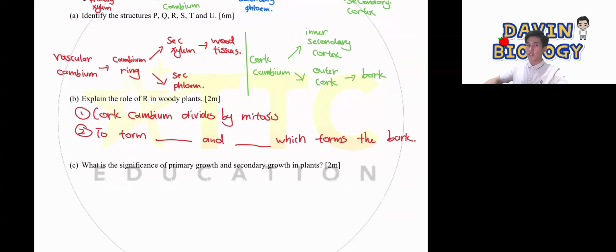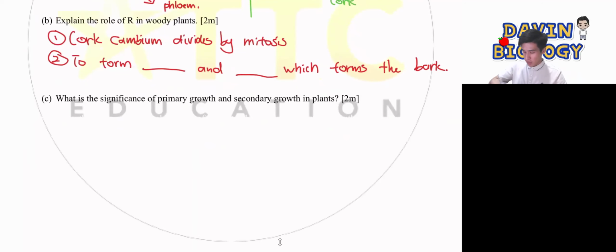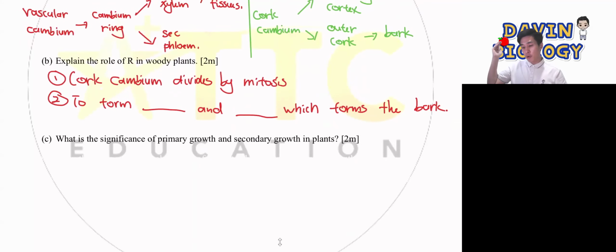What is the significance of primary growth and secondary growth in plants? Oh yes, we haven't mentioned this today. Primary growth, we already know, is to increase the length. But when the plant increases in length, it can go in two directions. It can go up, that's for the shoot. It can go down, that's for the root. So you can write both.